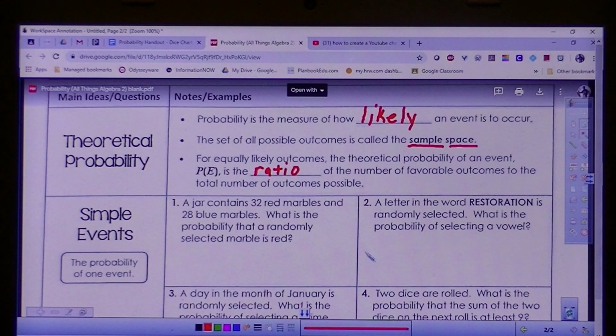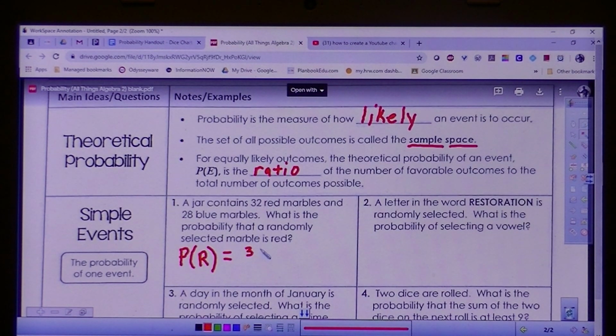Okay, so a jar contains 32 red marbles and 28 blue marbles. What is the probability that a randomly selected marble is red? So how would that look in that notation? That's going to be the probability of red, and let R stand for red. How many red marbles do we have?